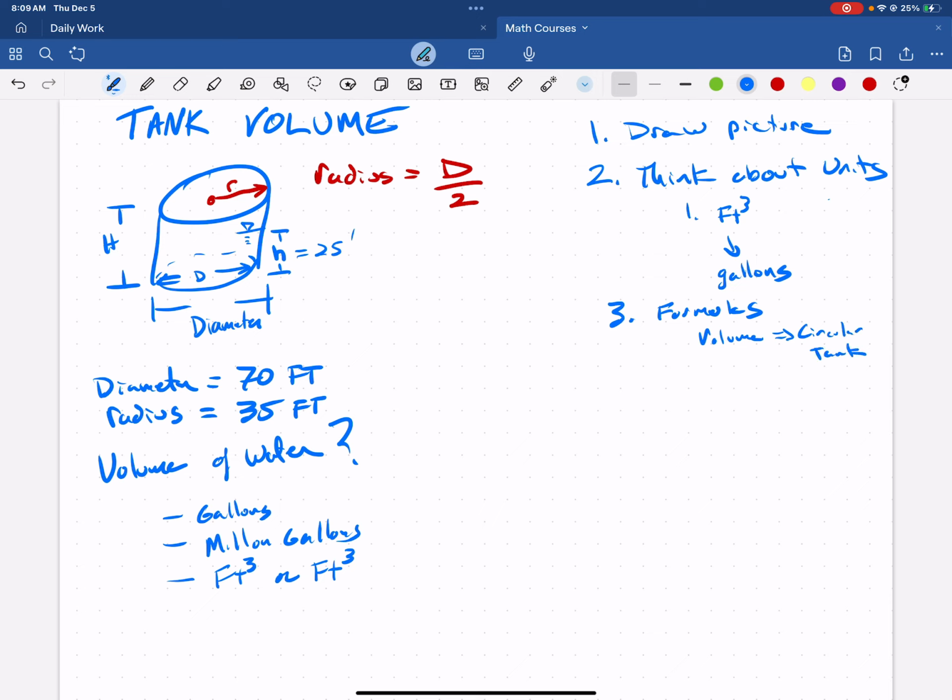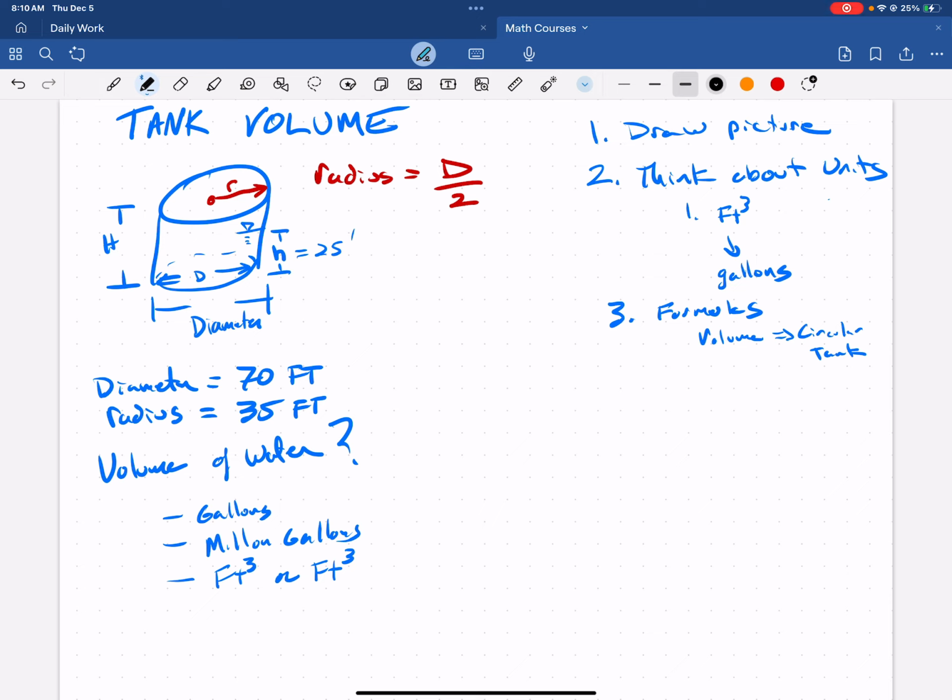If you flip a tank over on its side, we have a pipe. So this methodology works if you're trying to calculate the volume of water in a pipe, which maybe we'll do tomorrow, or a circular tank. We could have a square tank, a rectangular tank, all kinds of stuff. Anyway, this is our basics here, what we're dealing with on our particular project.